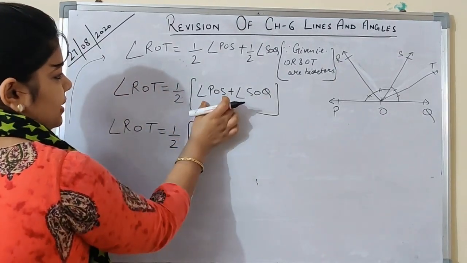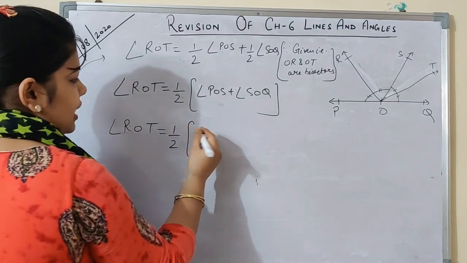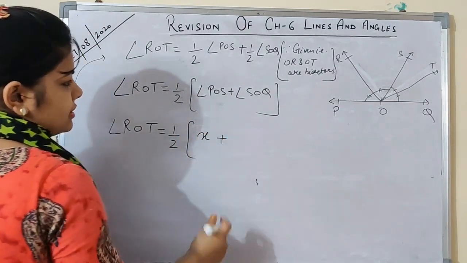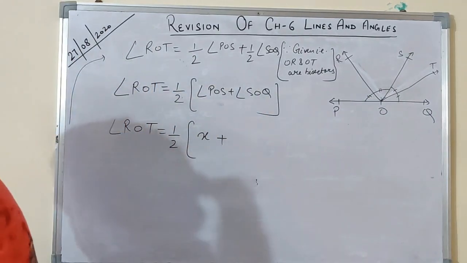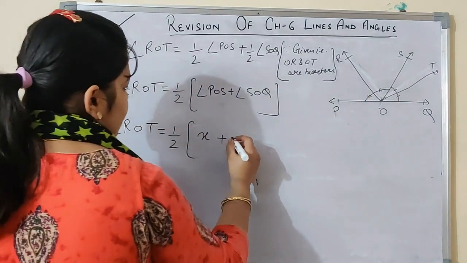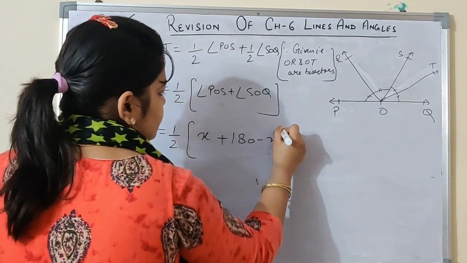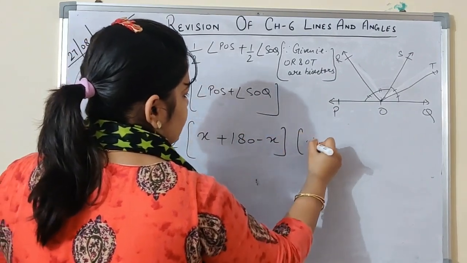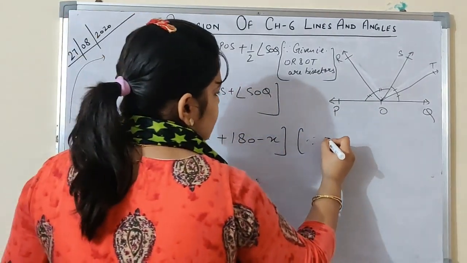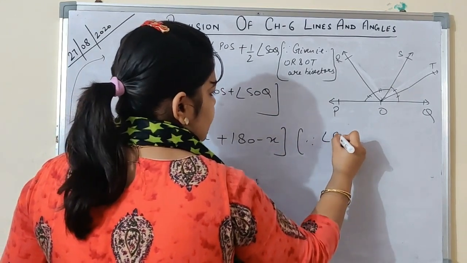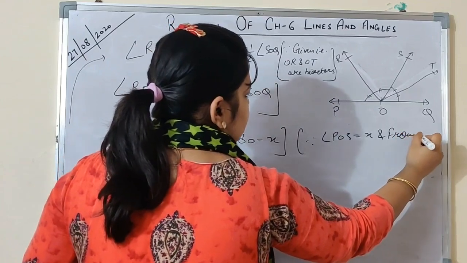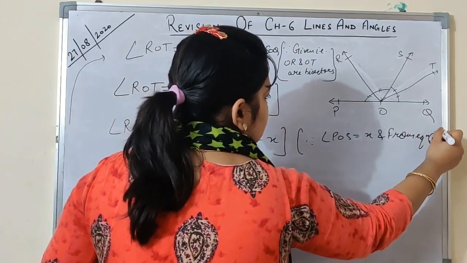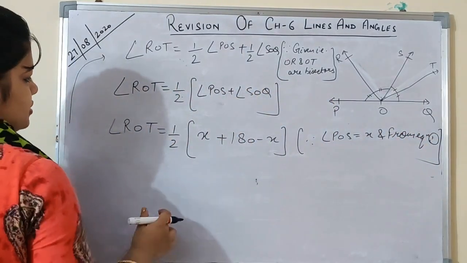After that, as we know that in place of angle POS, what we can write as it is given to us, that is X. Similarly, in place of angle SOQ, what we can write? We can write 180 minus X, because I am writing here the reason, that is because as it is given that POS is equals to X, and from equation number 1 we can write it like this.